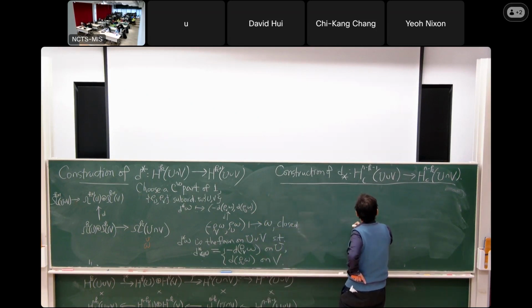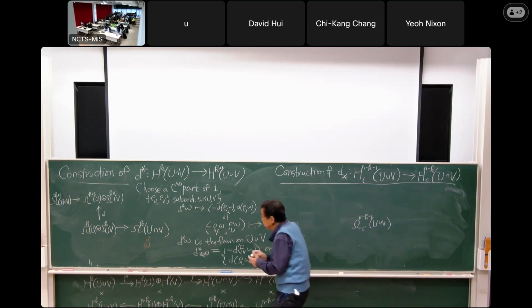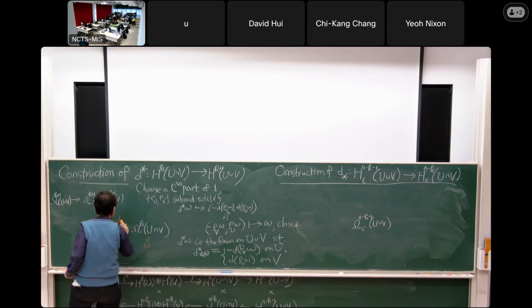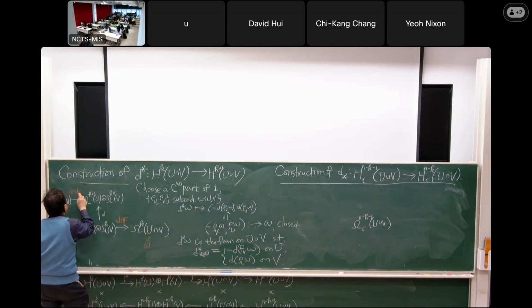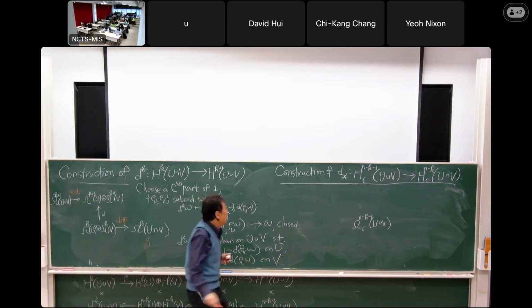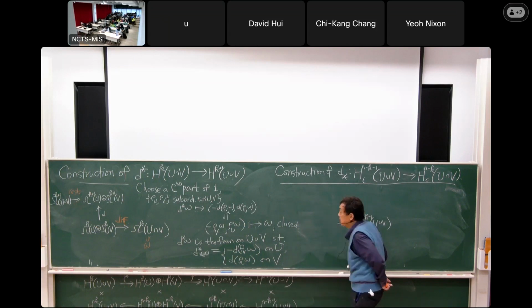So you have omega m minus k minus 1 with compact support of the union. This map is a difference. This map is a restriction. Okay. And this is going to come from the sum, right?